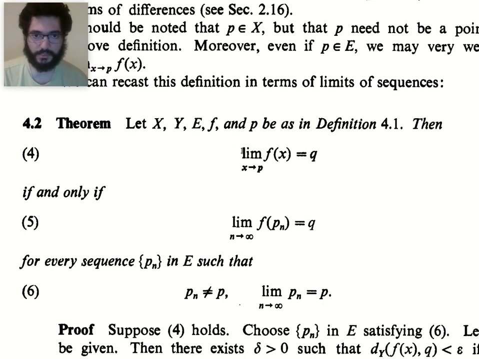So if you have a function of metric spaces in a situation where it makes sense to talk about limits, then the limit of f as x goes to p is q if and only if this statement holds for every sequence that converges to p and is never equal to p. I don't think I need to spend too much time on this. You've seen it a million times probably. But basically, we can use this along with the next thing I'm about to show you.